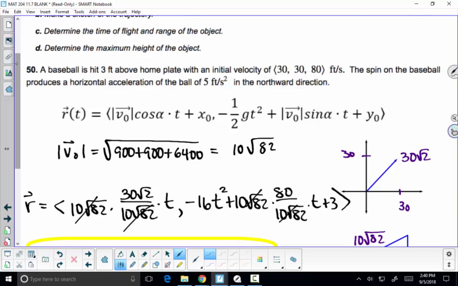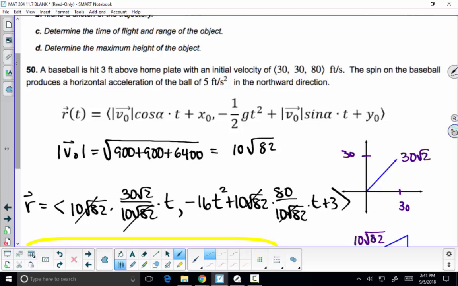The acceleration is due to our powerful slugging ability, not due to gravity. So this right here is acceleration due to gravity, but here our acceleration is due to that. So we should be plugging a 5 in there for g. So g in general is just acceleration.